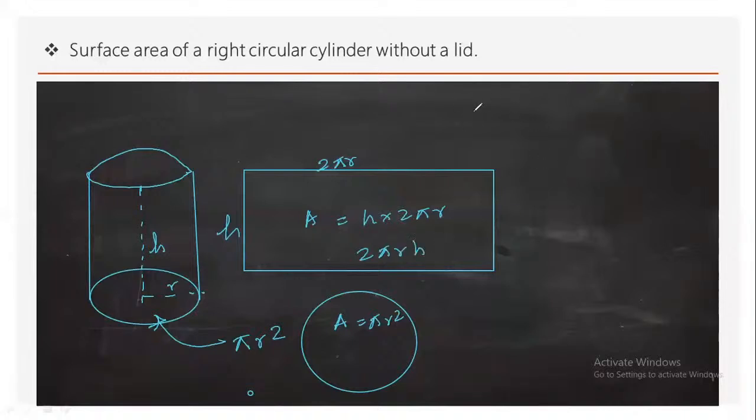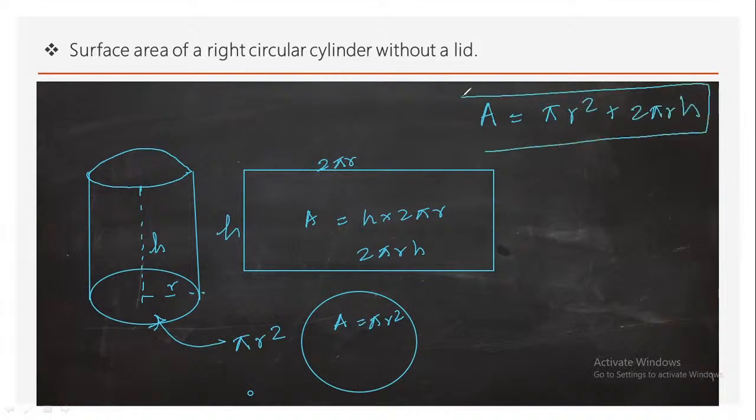Then the total surface area A equals pi r squared plus 2 pi r h. This is the total surface area of a right circular cylinder without a lid.